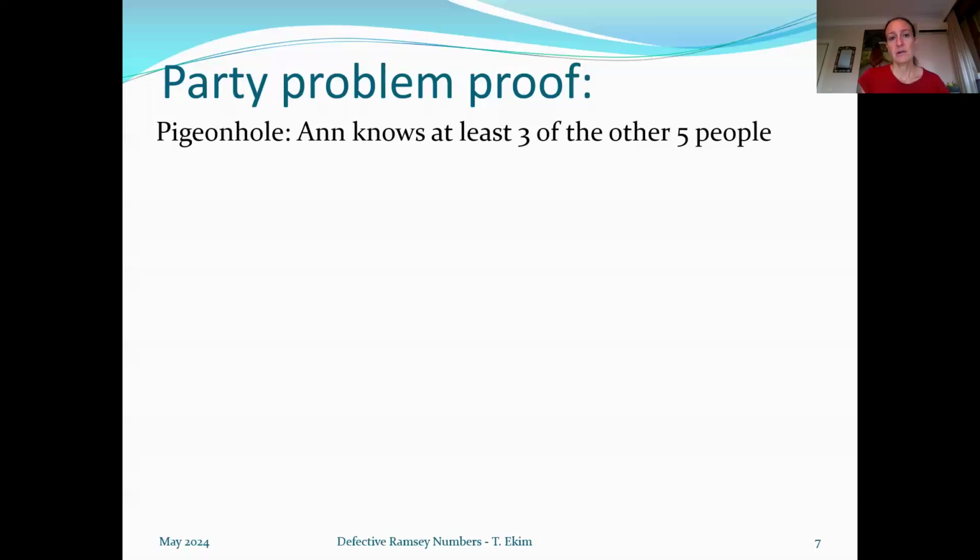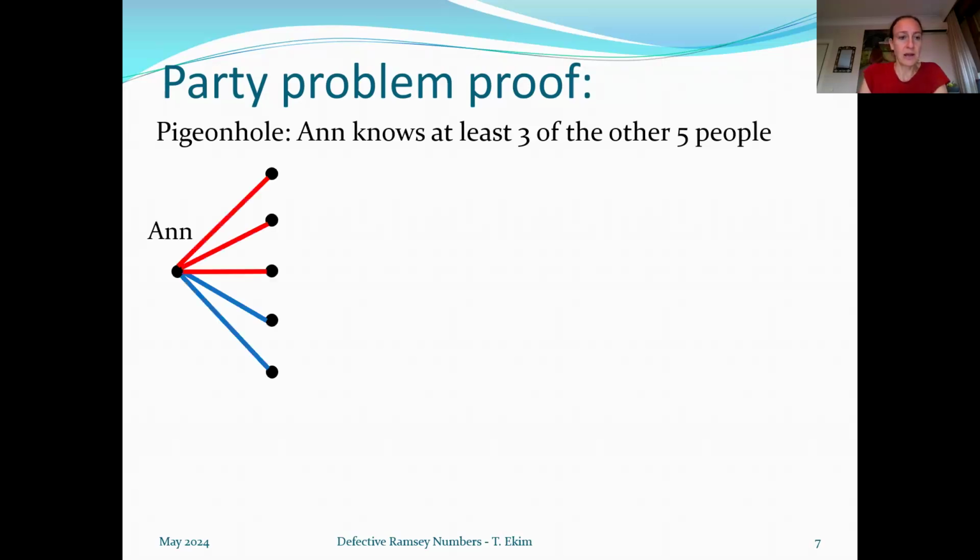Actually, it might be the case that she doesn't know 3 people among these 5, right? And this case will be just as symmetrical. So I'm going to proceed with this assumption. And if it doesn't hold, then the symmetric case is just the same. Similar proof works.